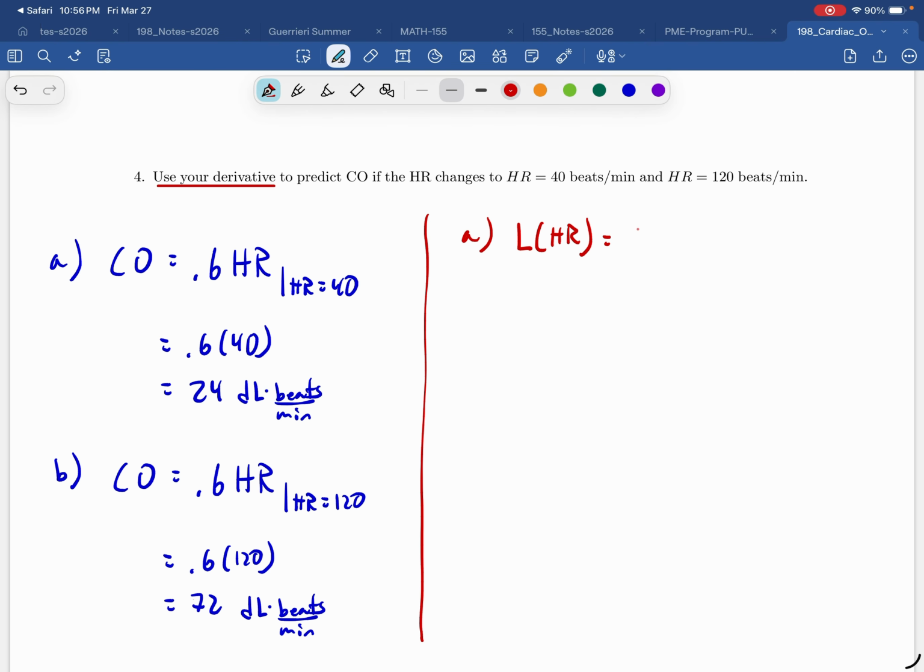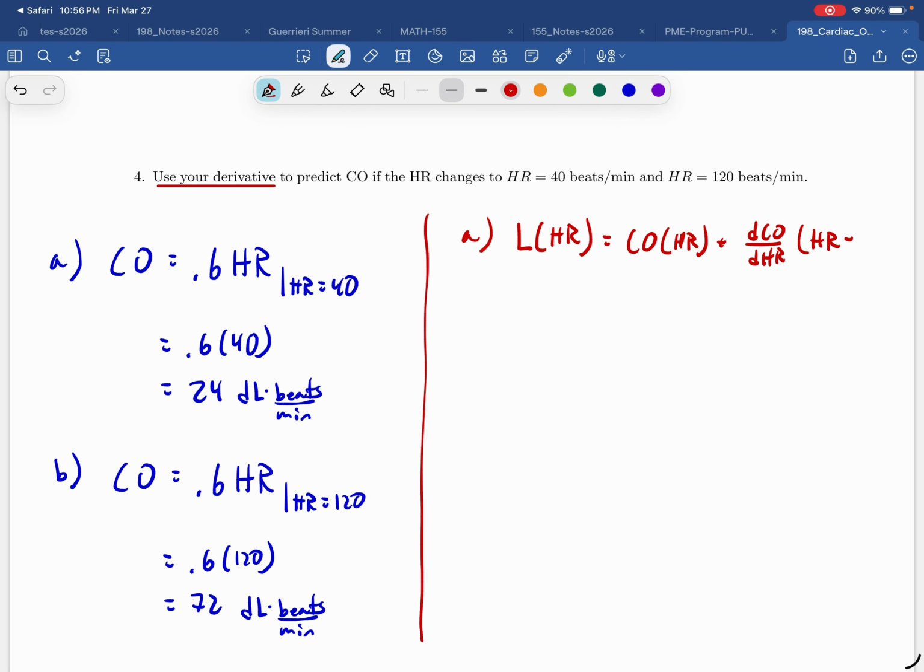This is going to be f of x, which will be CO of HR, plus the derivative. You could call it CO prime, or you could call it dCO over dHR. And then this is going to be times HR minus our nice value over here.